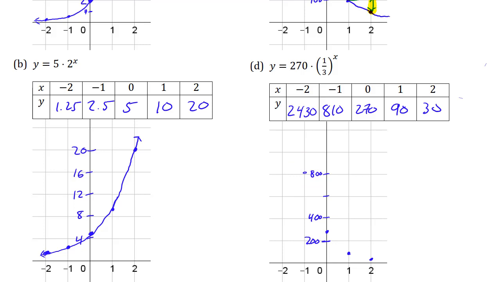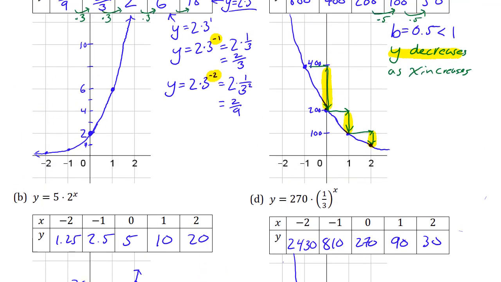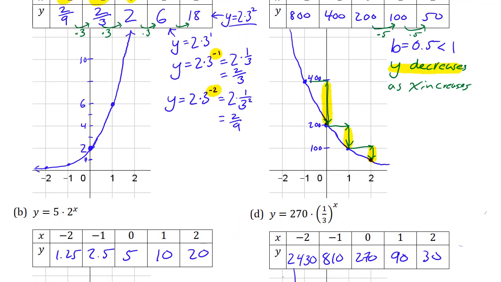Then -2, 2,430 isn't going to fit here. It's going to be way off the top, and that's okay. We're just going to draw the graph kind of going towards that. And there we go. All right, so that's the way exponential functions look when you graph them.